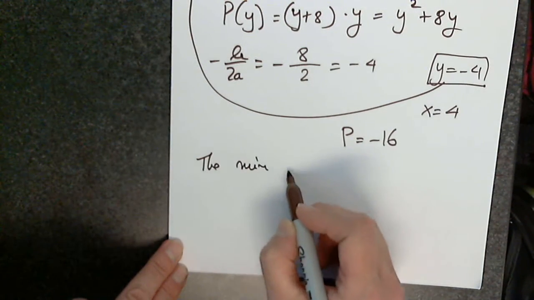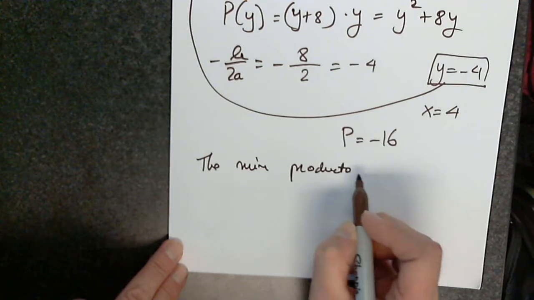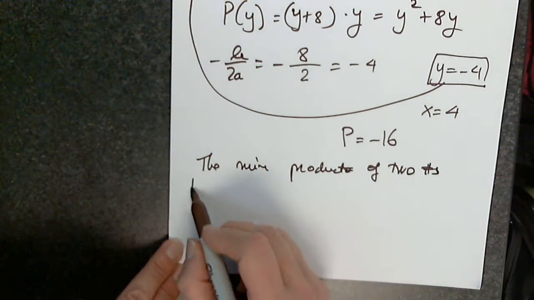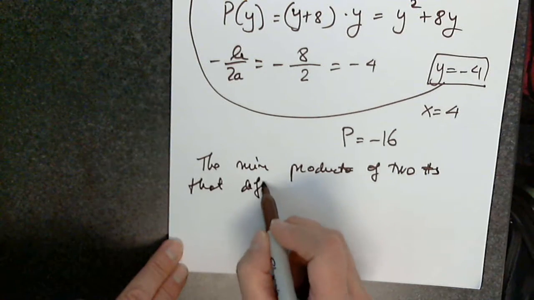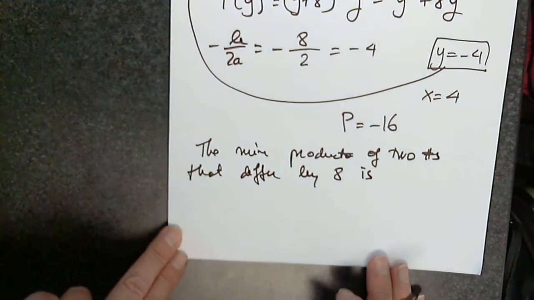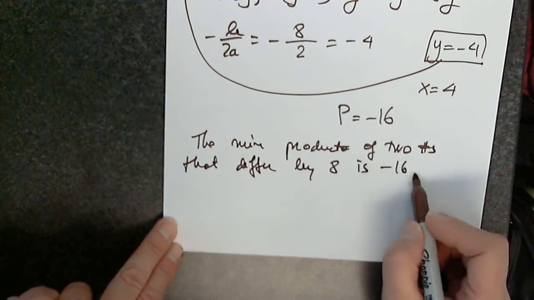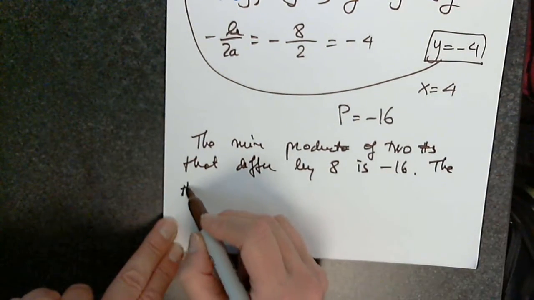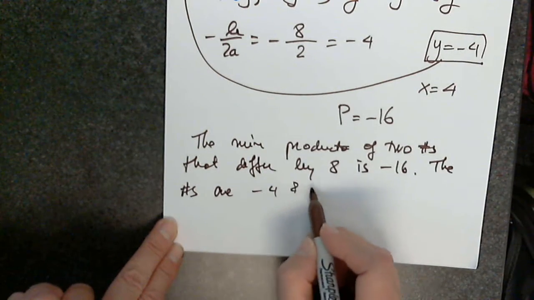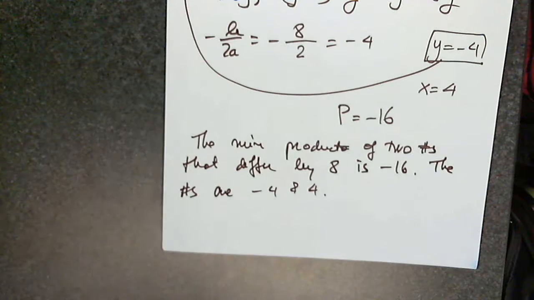The minimum product of two numbers that differ by 8 is negative 16. The numbers are negative 4 and 4. Excellent.